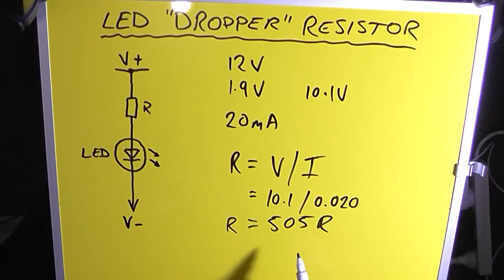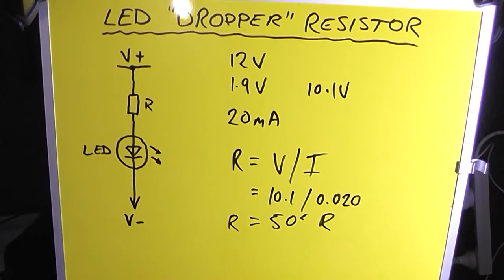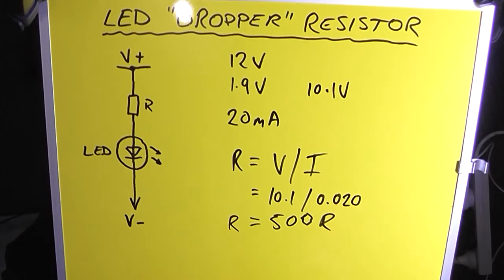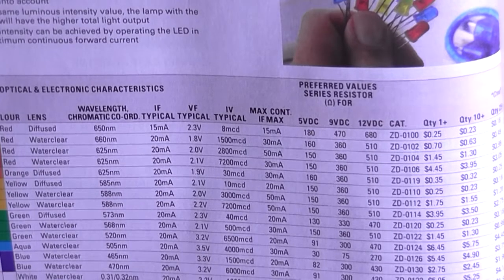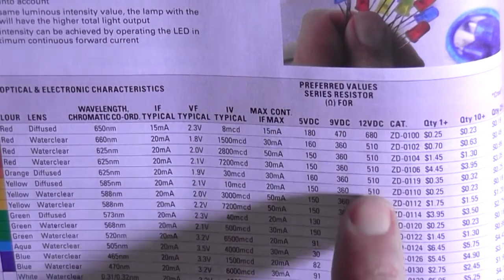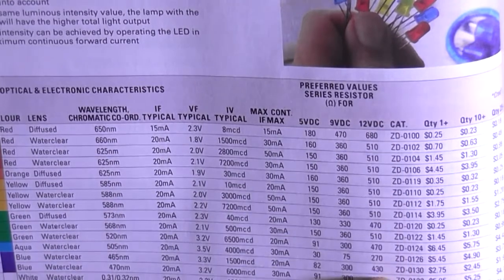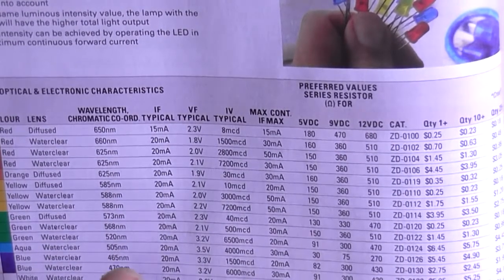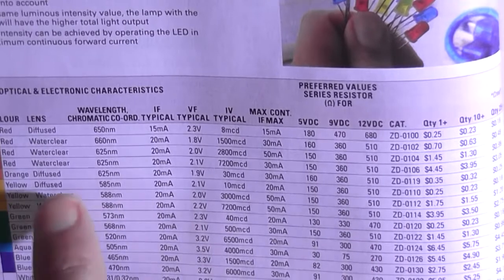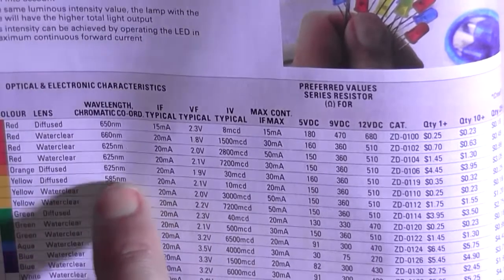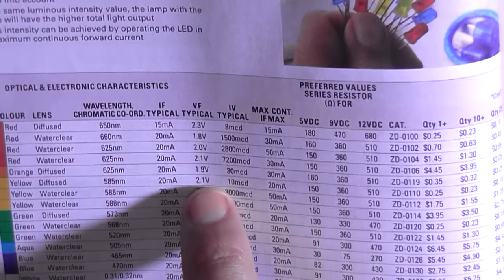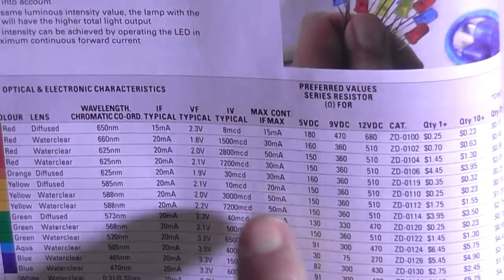Now, you can use the nearest value. In this case, we're going to go with 500 ohm. Now that we've done our calculation, they also give us the preferred resistor value over here for that LED. So in our case, it was the orange diffused 20 mA, 1.9 volt, 30 microcandelas.